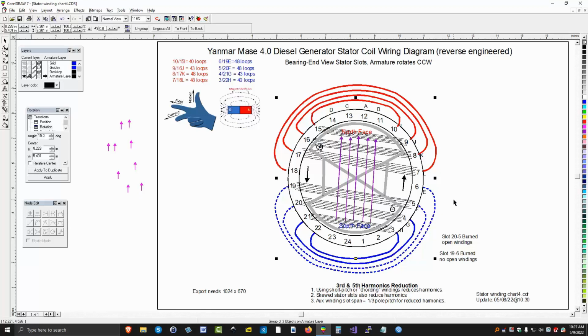It just happens it's 2 alternations, each one 180 degrees, which gives you 360 degrees from one sine wave, and that's exactly what we should get. This little funky stuff up here is what makes all that happen with this particular pole pitch for the windings. Notice each winding has a different pole pitch, and that also helps with harmonics.